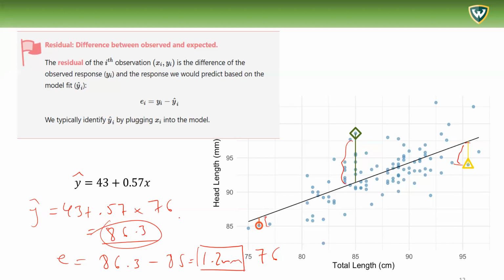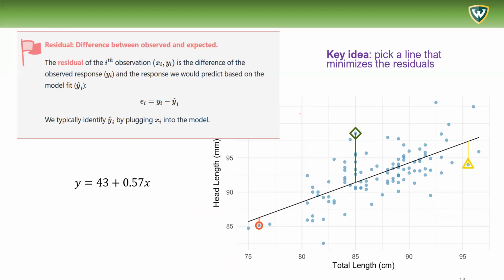So the residual is this difference, and we also call it the error term. And what we can do is sum all of the differences between each point and the line. So we can get an estimate of the total residual or the total error. The key idea here is that we want to pick a line that minimizes the residuals, right?